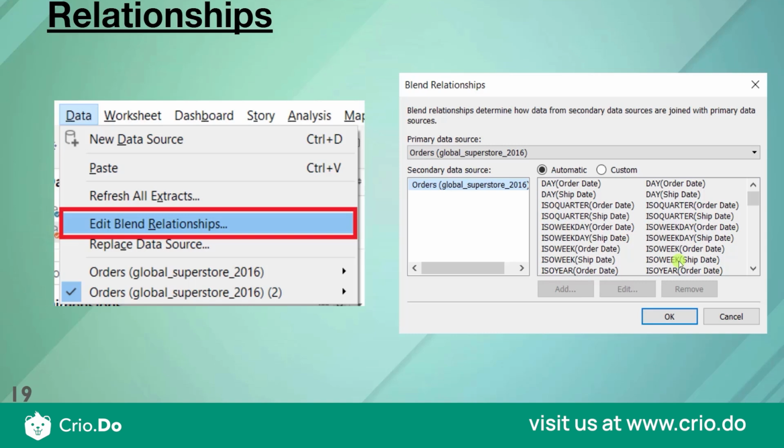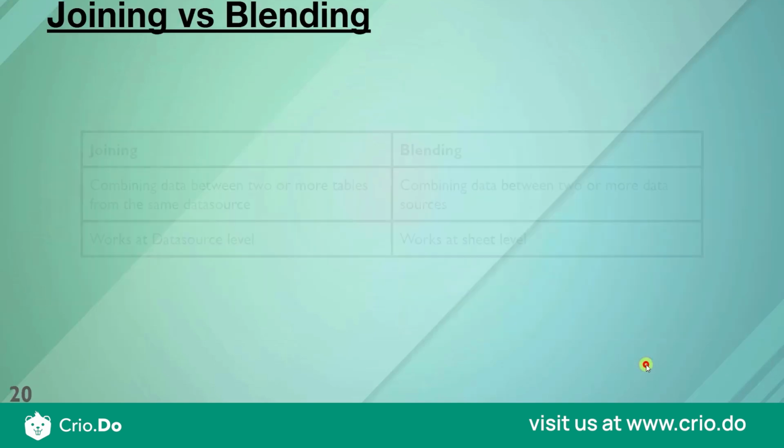It will give you the link option on the main dashboard. If you do not see a link option and you want to blend the data based upon some column which we are not seeing, you can go to edit blend relationships and add the new column over here. So this is the relationship concept inside the blending.